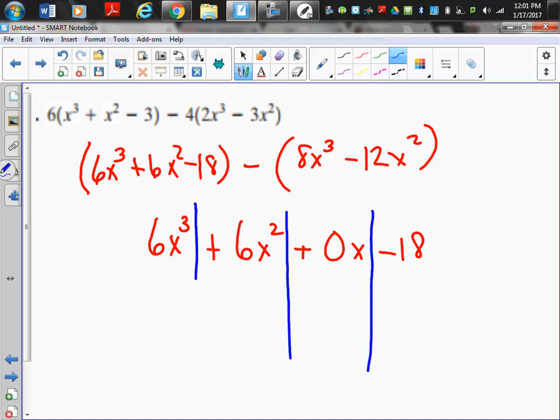Now, this negative right here, what does that negative sign say? The opposite of. So I need the opposite of 8x cubed, negative.